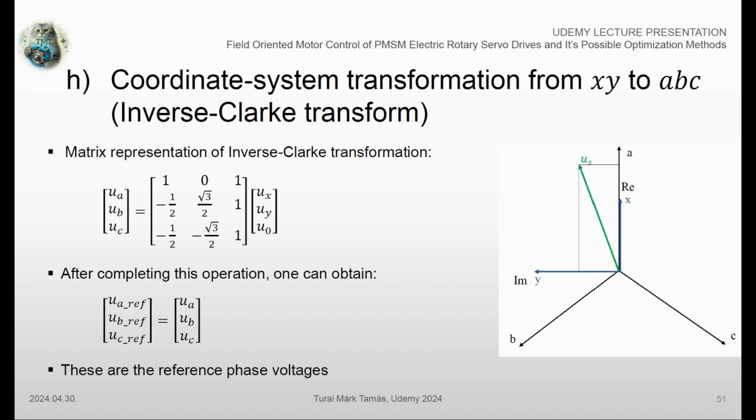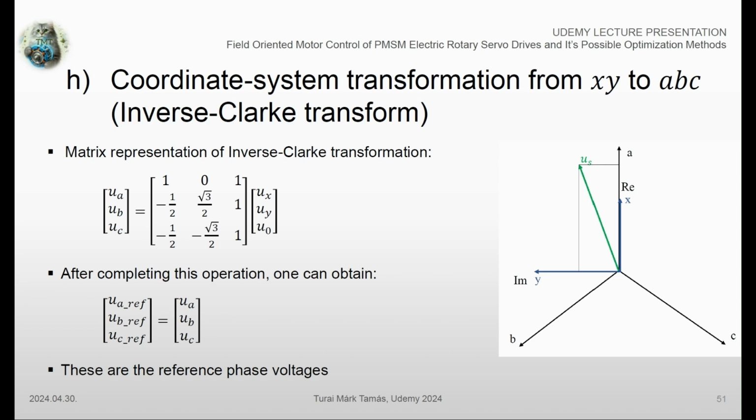On the picture, you can see the two-phase XY and three-phase ABC coordinate systems. As we have discussed before, the real axis of the XY coordinate system aligns with the A-axis of the three-phase plane. By now, we know how to describe any kind of vector in these reference systems, as well as we are also able to transform the vector representation between the two.